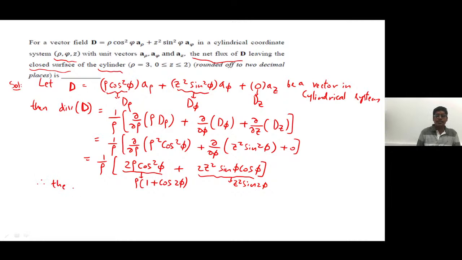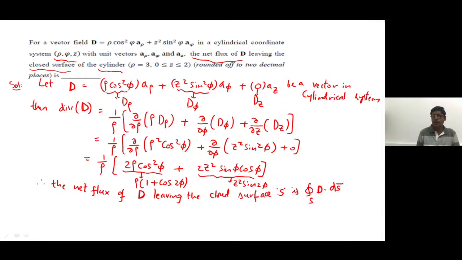the net flux of the vector d leaving the closed surface S, the cylinder, is given by the integral over S closed of this vector function d dot ds bar.